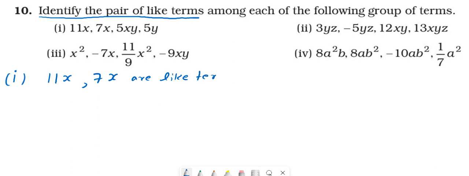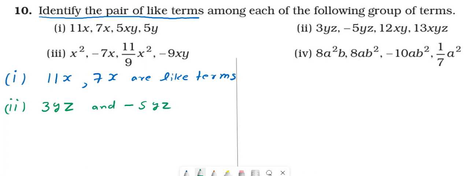Beta, what are the like terms? The terms having the same literal coefficients are called like terms. In the second part, 3yz and minus 5yz are like terms.